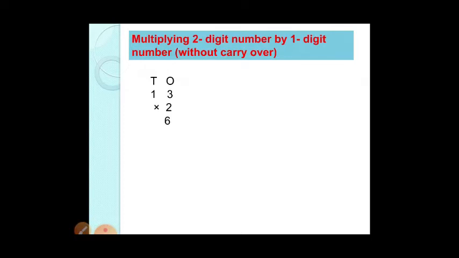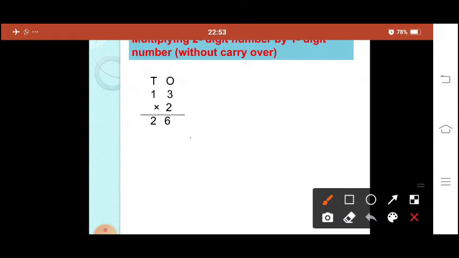How will we do this? Let's see. Tens, ones. 13, this is the multiplication sign, multiplied by 2.